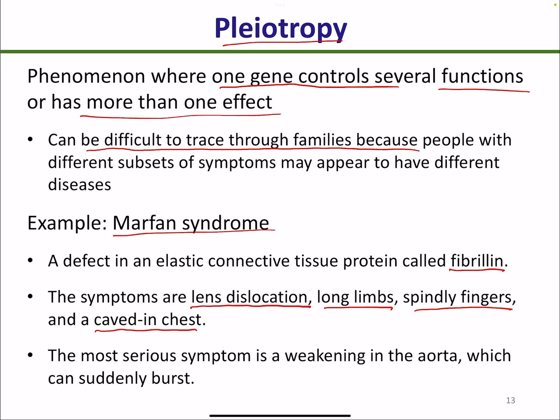The most serious symptom of Marfan syndrome is when the aorta becomes weak because of the lack of fibrillin. That aorta can actually burst, and when it bursts, this can cause sudden death of the individual.